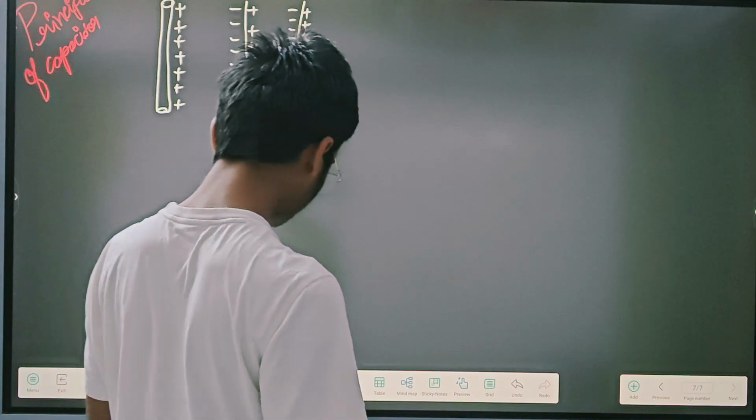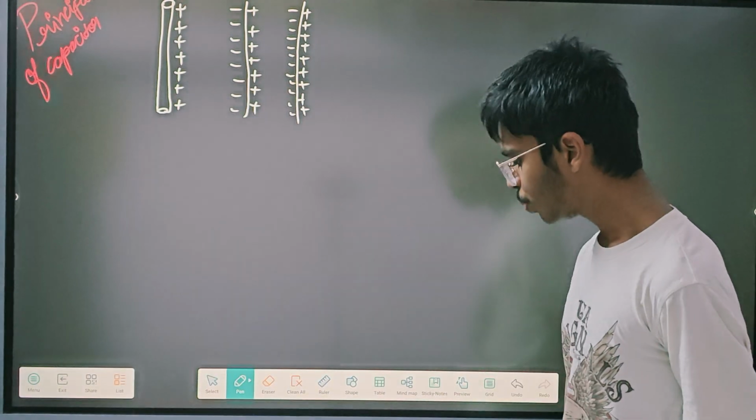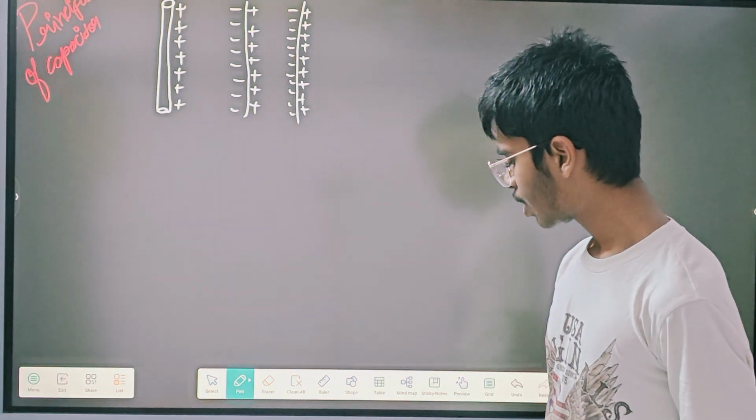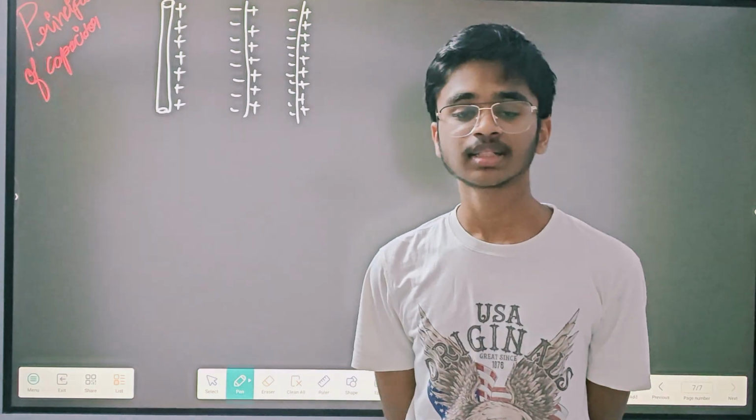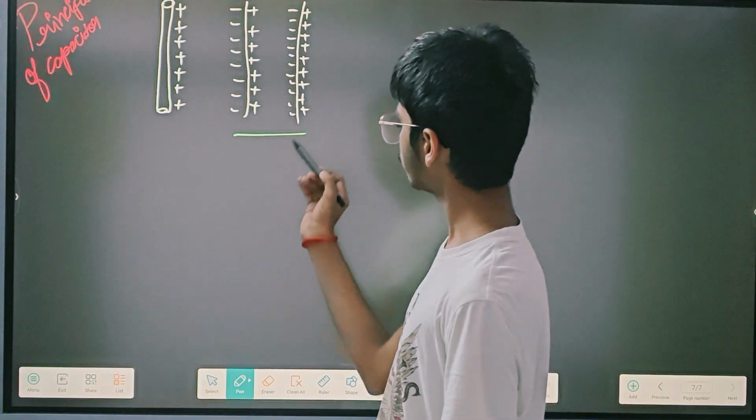Okay, so now what we are going to do is take two plates, capacitance of parallel plate. We are going to take a parallel plate capacitor, and these two we are going to take.